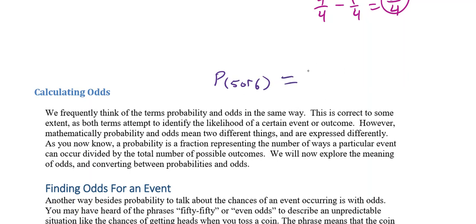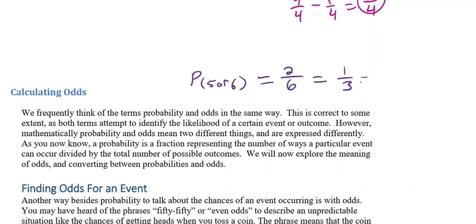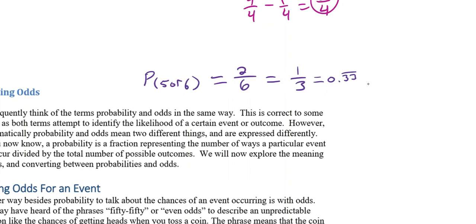Is it going to be a 5 or 6? That'd be 2 out of 6 total, right? There's 6 things it could be. So that probability would be 1 over 3, or 0.33 repeated, or 33%. So we can say all of that with probability.